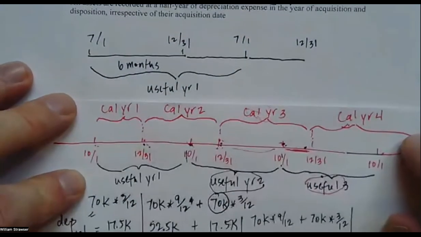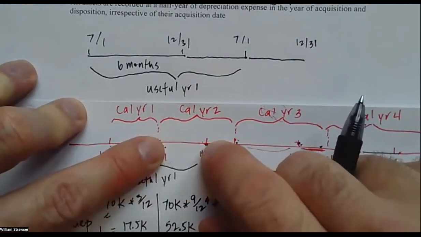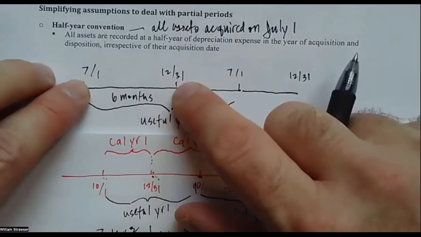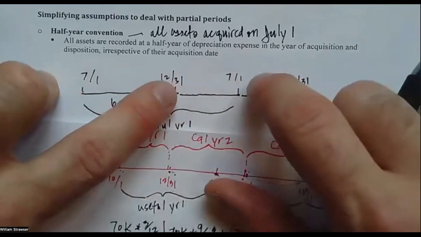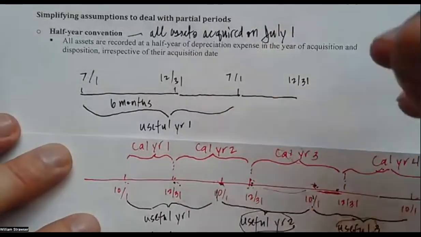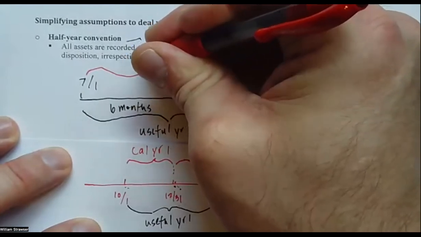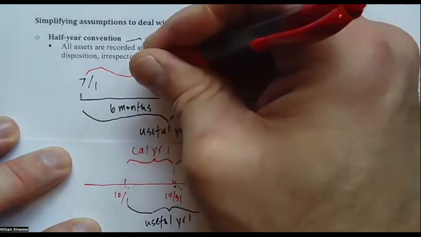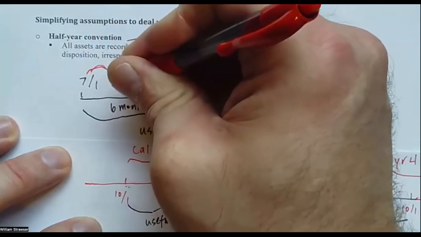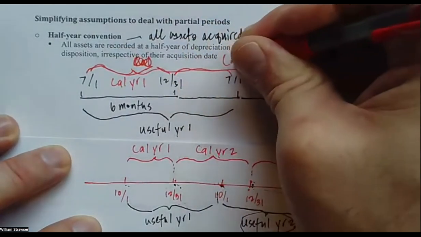So useful year one, now instead of bridging 3/12 of this year and 9/12 of the following calendar year, it's 1/2 in the year of acquisition and 1/2 in the following calendar year. It splits it up evenly. This is calendar year one. And then this is calendar year two.